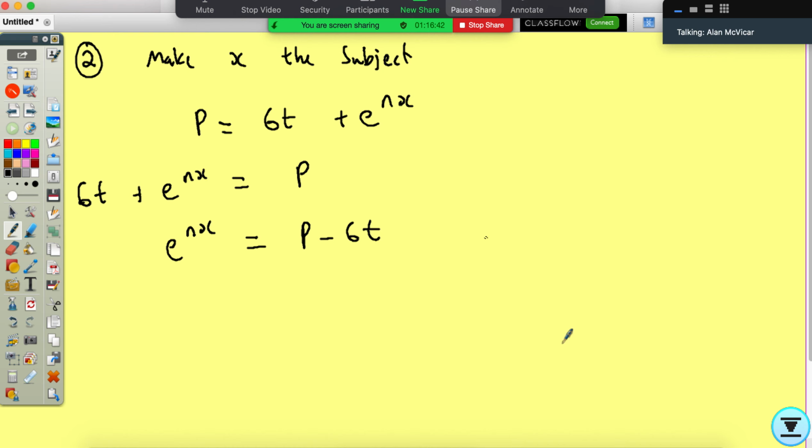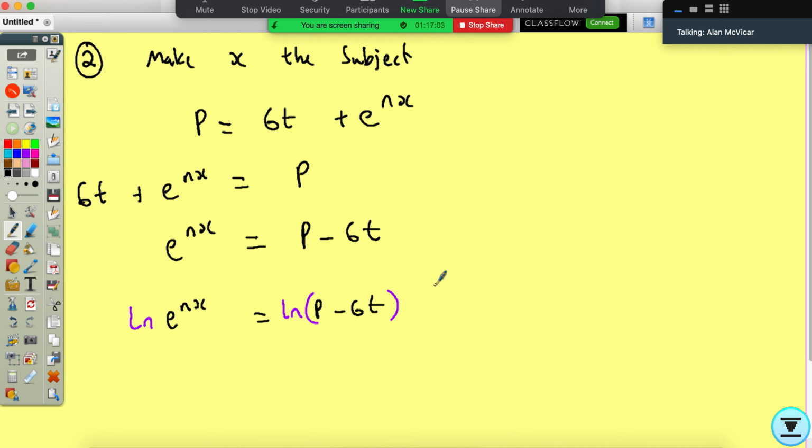And now I'm ready to take the natural log, or ln, of both sides. ln, and remember, just put a bracket around it. It just means you're right because you're taking the natural log of everything there.